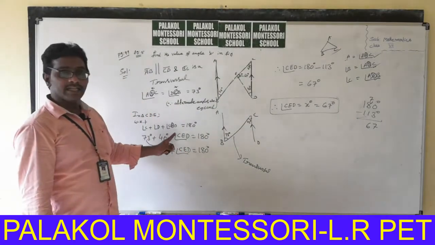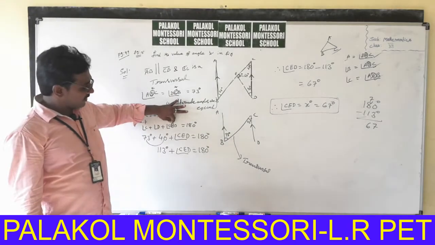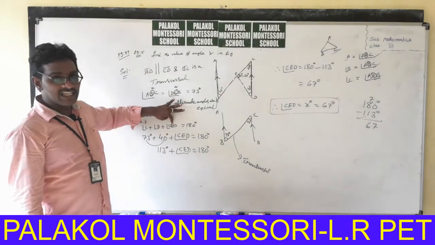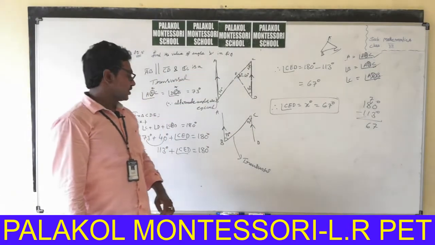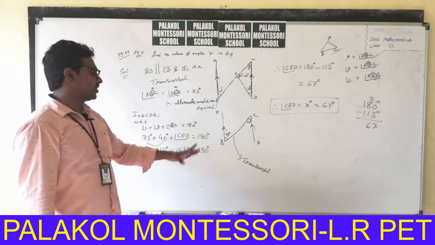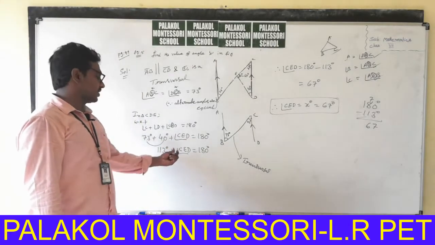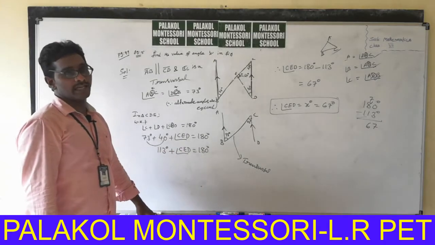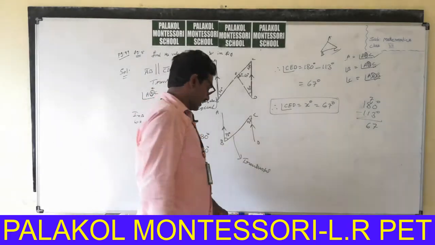The middle letter is E, which means you take the inside of the angle. So 73 plus 40 plus angle CED is equal to 180 degrees. Both add to 113 degrees plus angle CED is equal to 180. Move this to that side, so the remainder. Okay, clear? Next one.